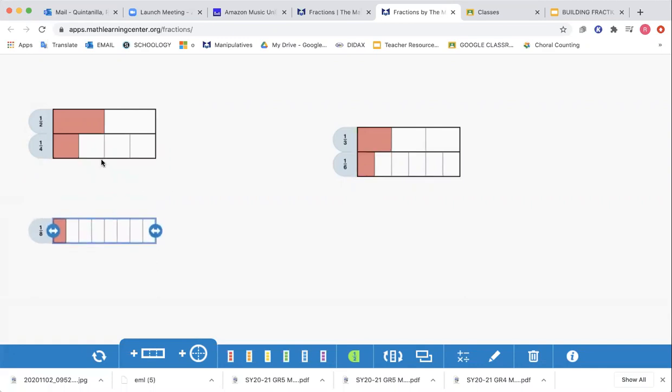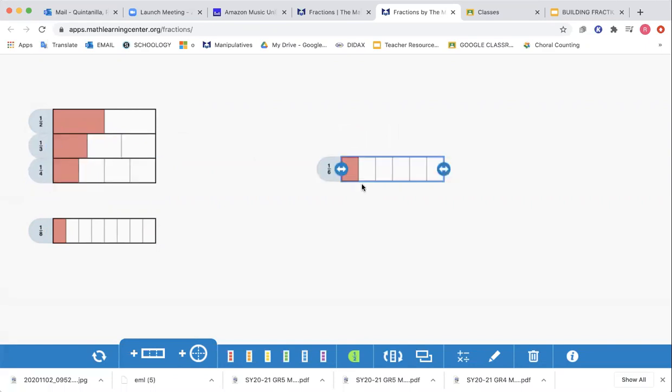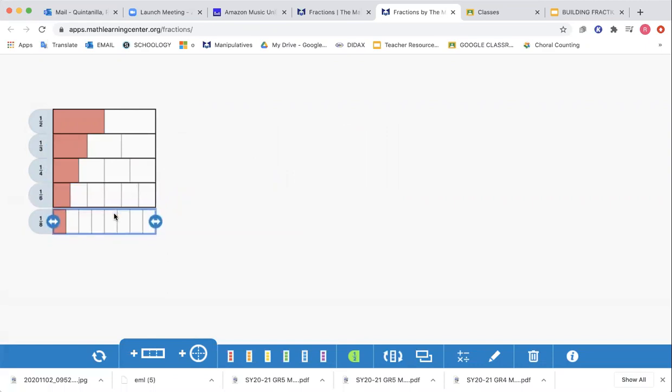Another thing I want to make sure students understand is this idea that if I put fractions in order like this, the largest unit fraction we can have is 1/2.